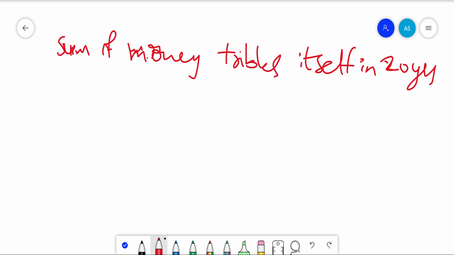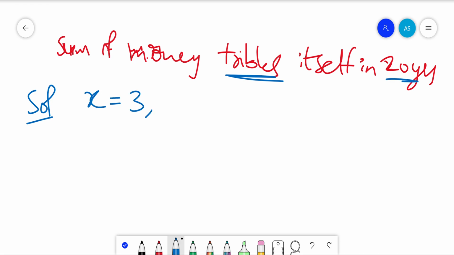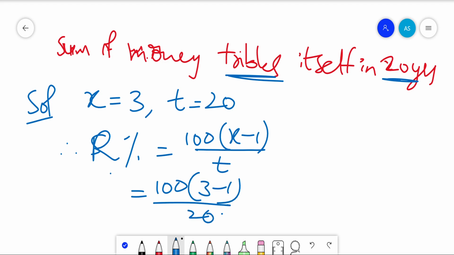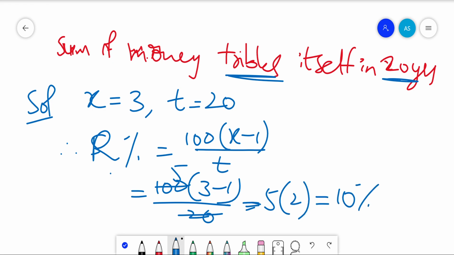Triples means x becomes 3, and in 20 years means t is equal to 20. Therefore rate of interest is equal to 100 into (x minus 1) by t. So 100 into (3 minus 1) by 20, which is nothing but 10%. So rate of interest is 10%.